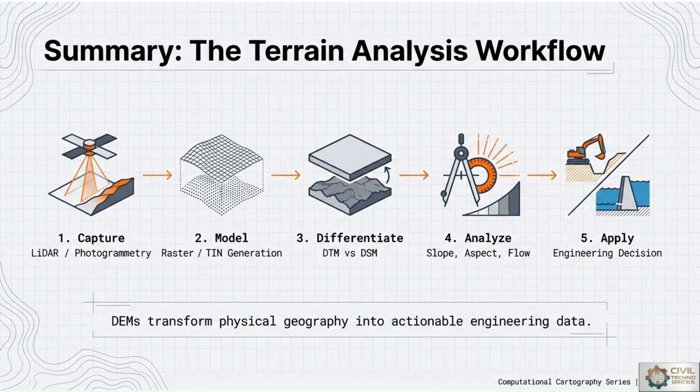That differentiation is required to analyze the actual data for objectives like hydrological monitoring or irrigation purposes. The slope, aspect and flow are analyzed with mathematical calculations, and at the end we have to take the engineering decision or frame the policy.